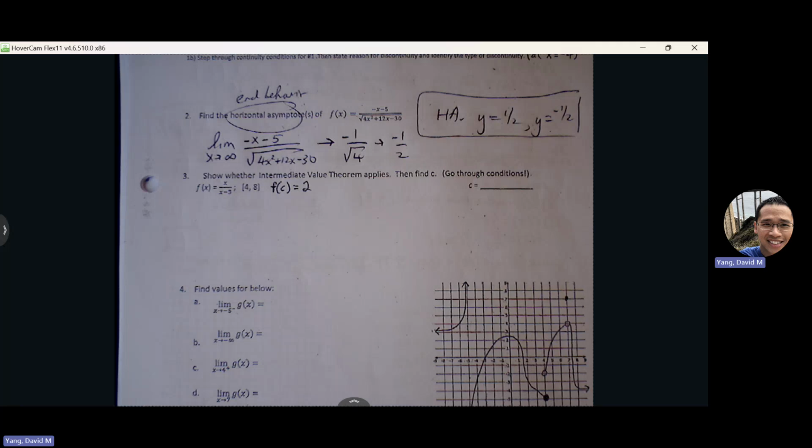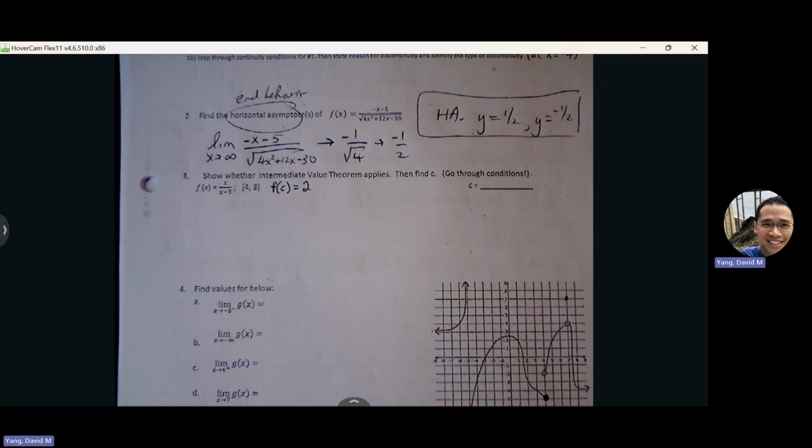This graph only appears in the scenario where there's a radical either above or below and the degrees are the same. Then it's the ratio of the coefficients, but plus or minus. Would we get a problem where the degree on top is higher than the degree on bottom? No. Not for these types of problems.